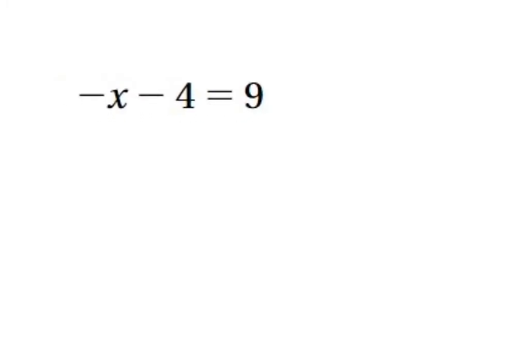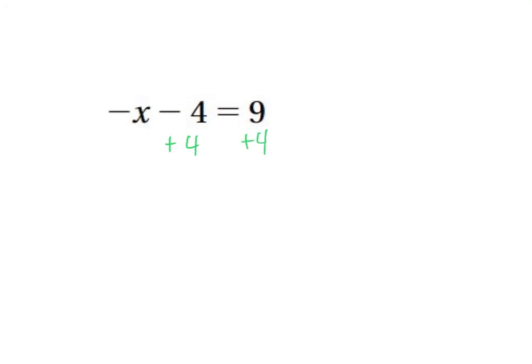All right, now we've got another problem for us. So we've got negative x minus 4 equals 9. Let's use 2 steps to solve this one. So let's add 4 to both sides. The reason we're going back to adding first is because there's nothing in the denominator. This isn't a fraction on the left side, okay? So we're going to add 4.